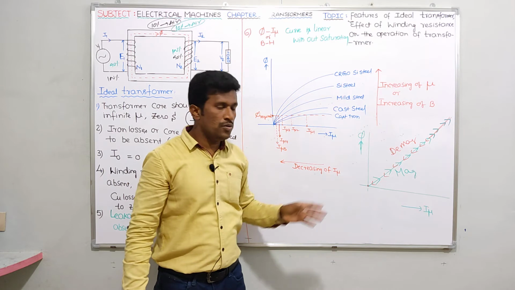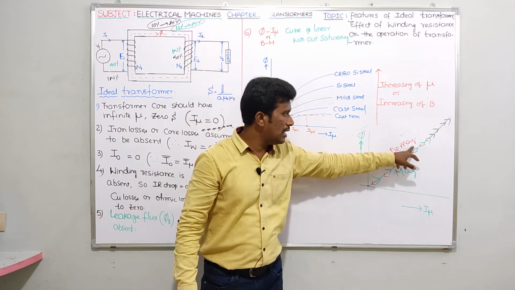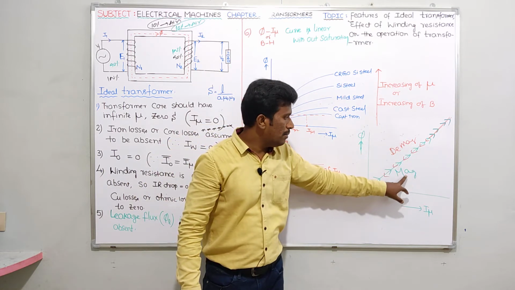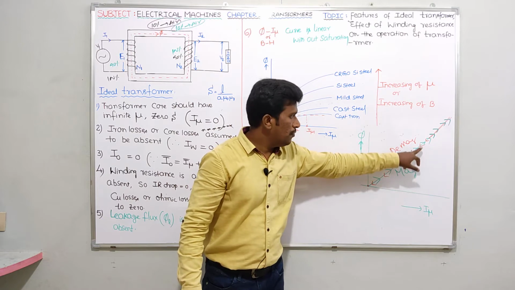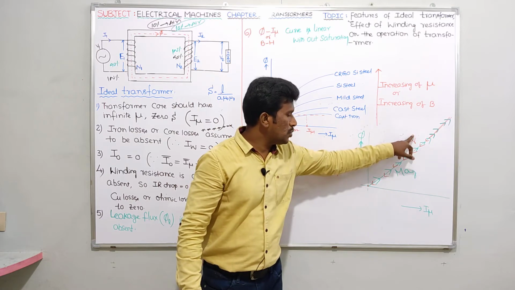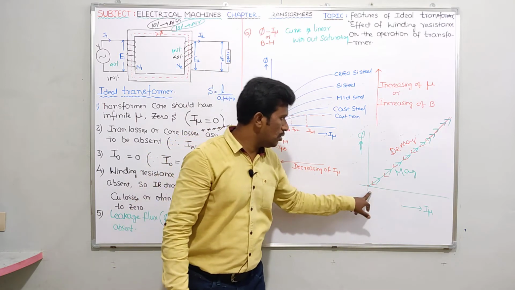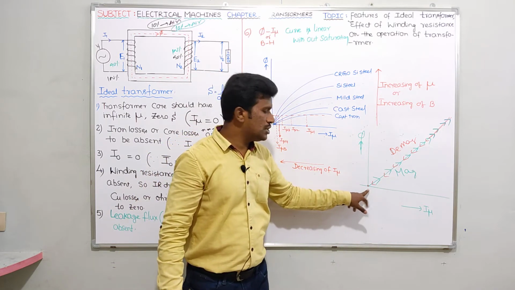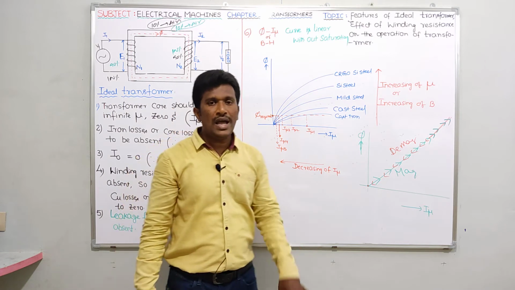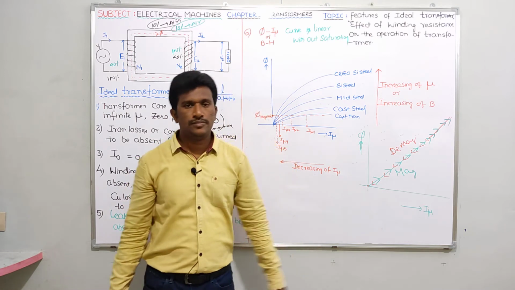And if you reduce I mu, flux reduces in the same direction in which magnetization happened. Demagnetization coincides with magnetization. If you bring I mu to 0, flux also becomes 0. That won't happen in a practical transformer.